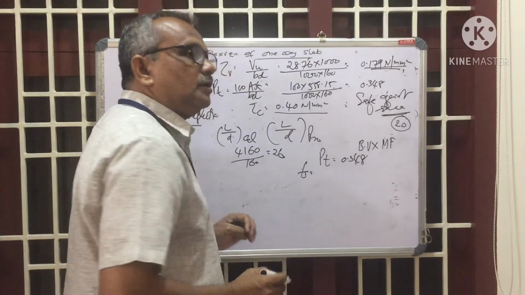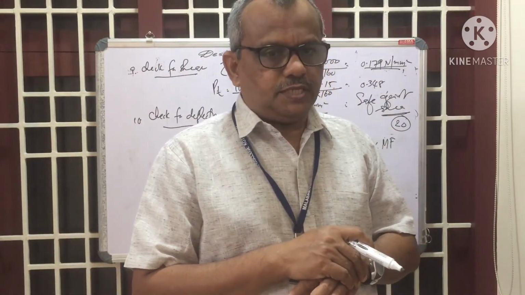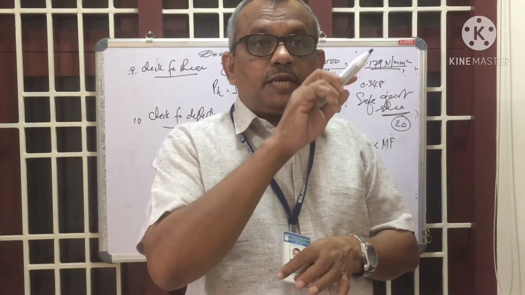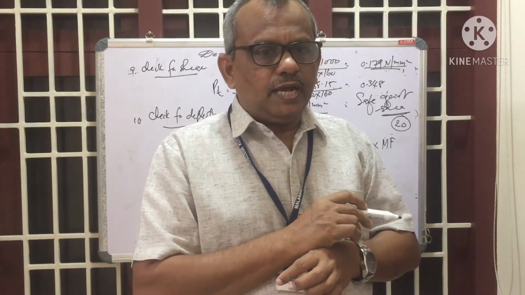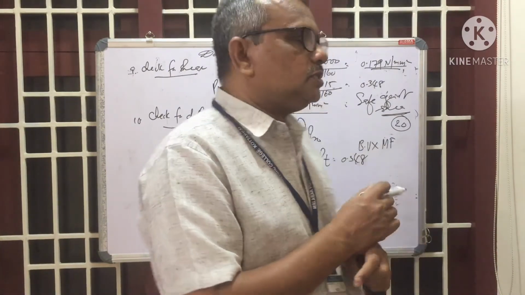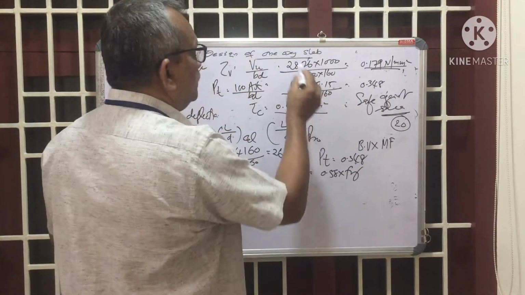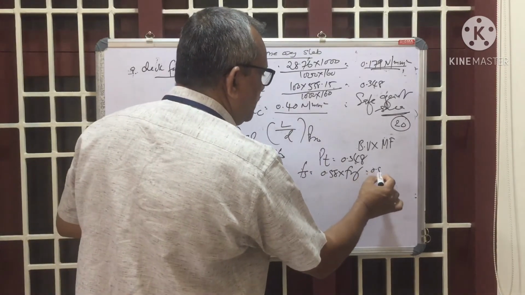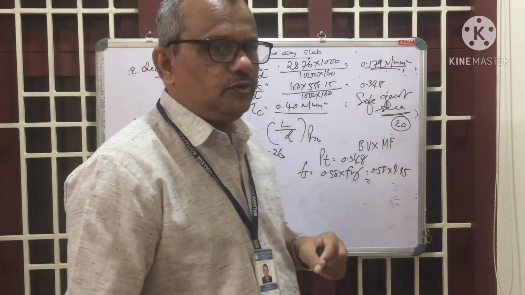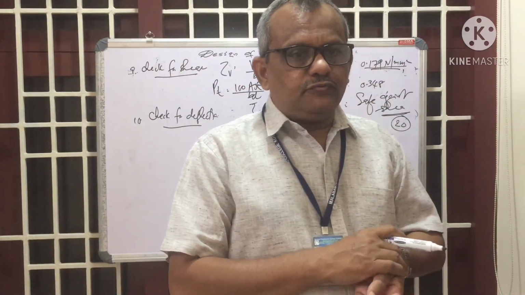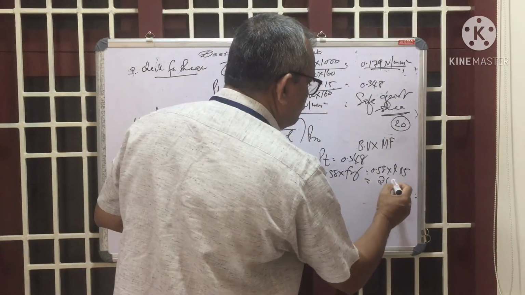And Fs. From the code IS 456, check figure 4, where the graphs are according to PT, the percentage of steel, and the Fs value. What is Fs? Fs is equal to 0.58 into Fy. Fy is the yield strength, that is 415. So 0.58 into 415 gives the Fs value, approximately 240.